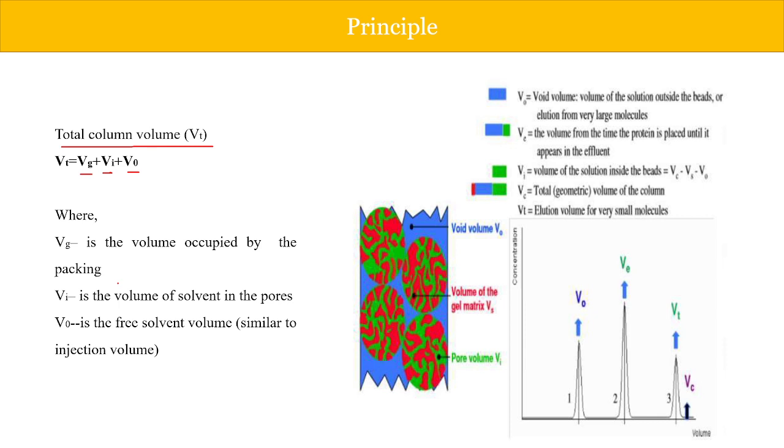Vi is the volume of the solvent in the pores, so how much volume within the pores your solvent is actually occupying. And V0 is the free solvent volume, which is almost similar to your injection volume. So these three terms combine to give your VT value.